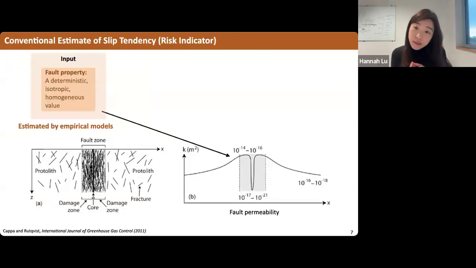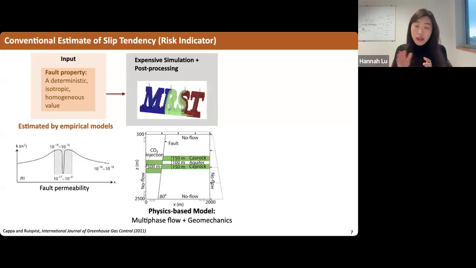If we want to estimate this slip tendency, this risk indicator, we start with a relevant fault property, let's say fault permeability. Conventionally, it is measured from a wide range of host rocks and then estimated as a deterministic, isotropic, homogeneous value from empirical models. Then, with this one value representing the fault property as the input, expensive numerical simulation is run for physics-based models.